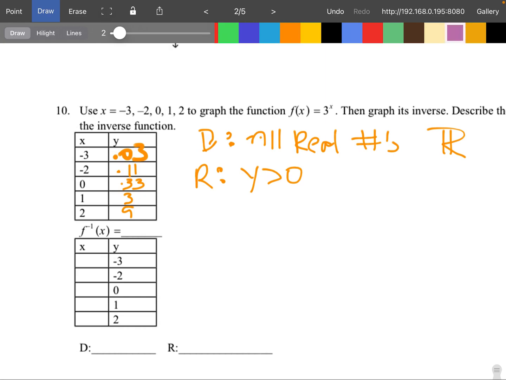To do the inverse, you switch the x and y, and your base now becomes the log of the base. So log base 3 of x will be your inverse, and then your y's of your first are going to become the x's of your second.